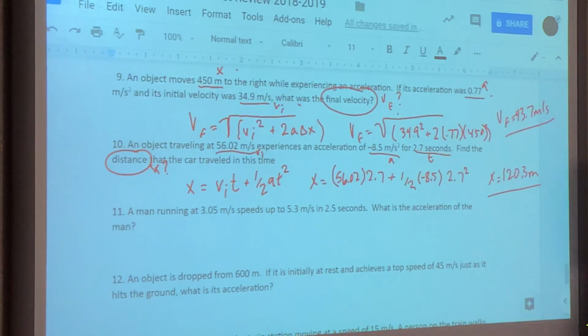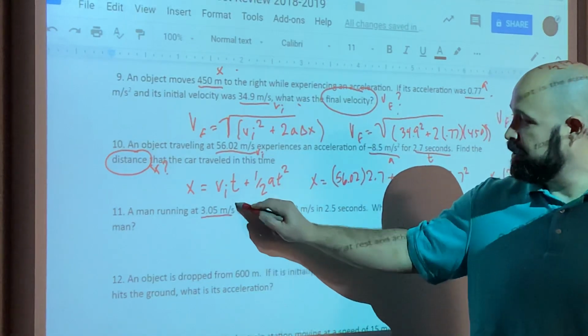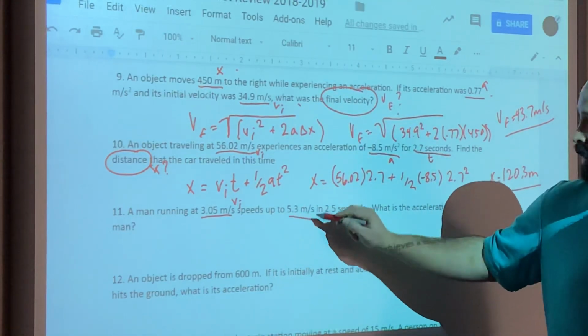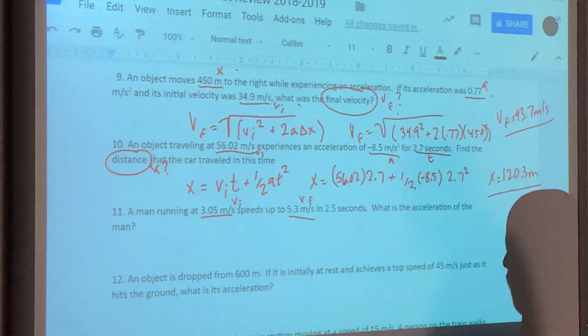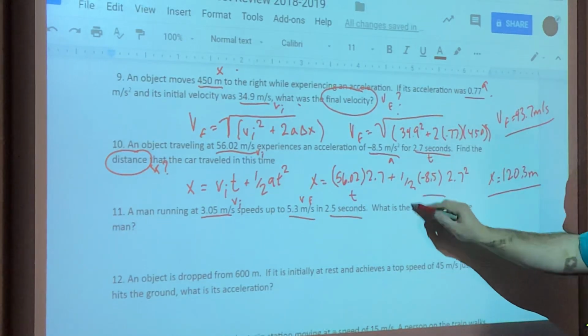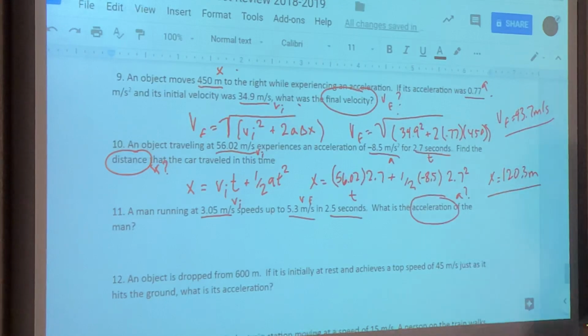All right, and then number 11, a man is running at a speed of 3.05 meters per second. He gets faster, he speeds up to a new final speed of 5.3 meters per second. He does that in 2.5 seconds. They want the acceleration, so that's what you're looking for.